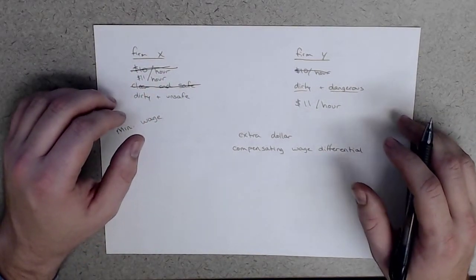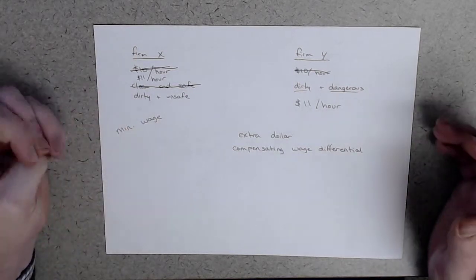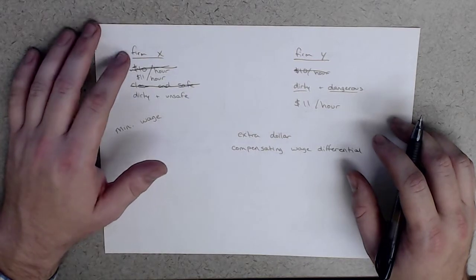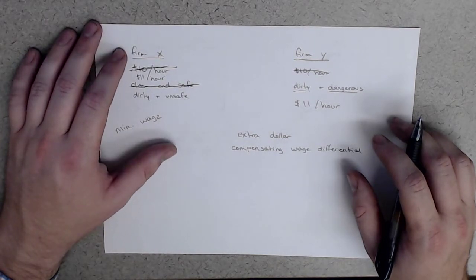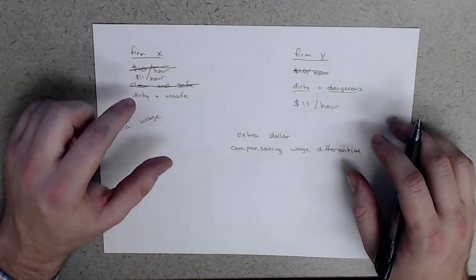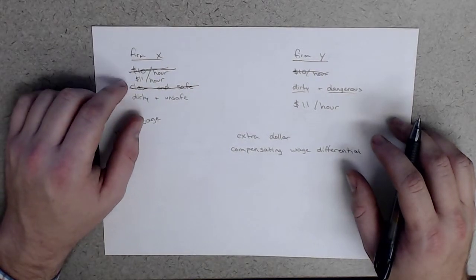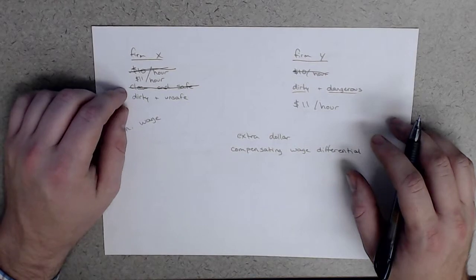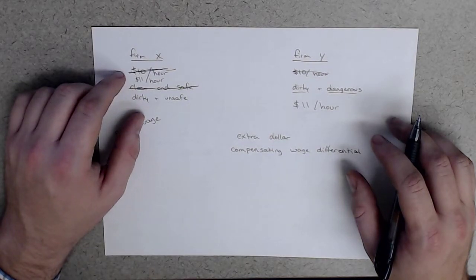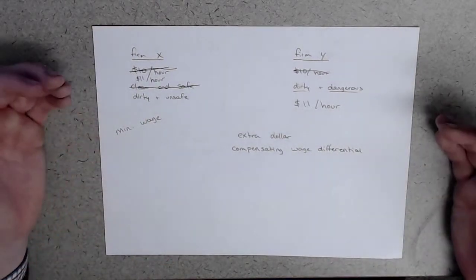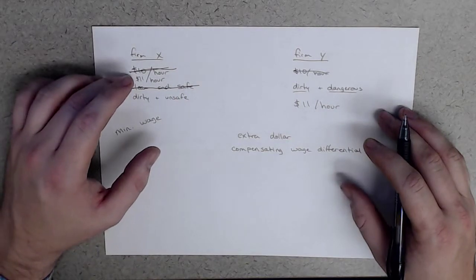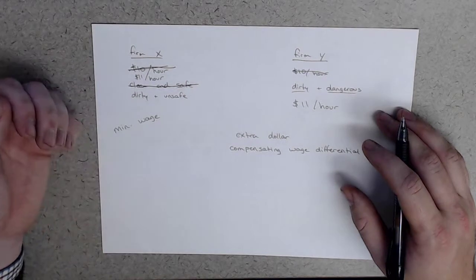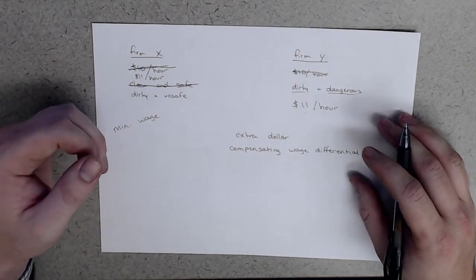And so as a result of this, what happens, right? Well, all the workers at firm X have demonstrated by working at X that they value cleanliness and safety more than the dollar, right? They value cleanliness and safety more than the extra dollar they would get, and are now made worse off because now they're getting the dollar and dirtiness when they would rather give up the dollar and have cleanliness, right?